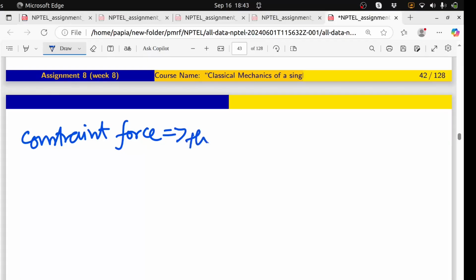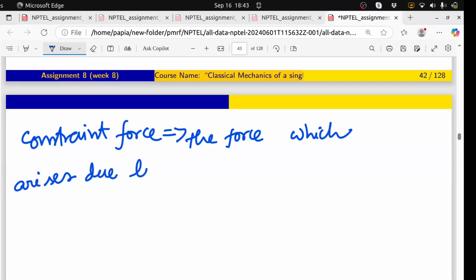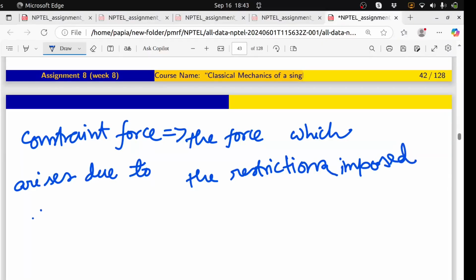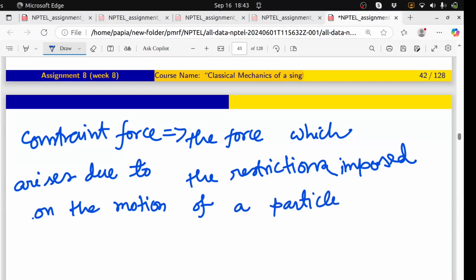So the force which arises due to the restriction imposed on the motion of a particle or body.